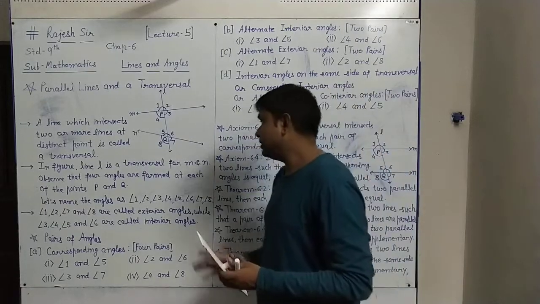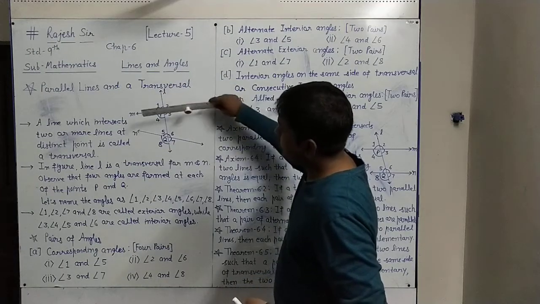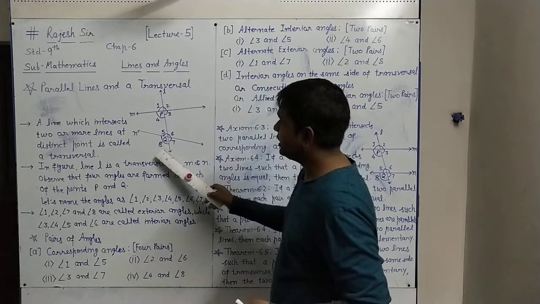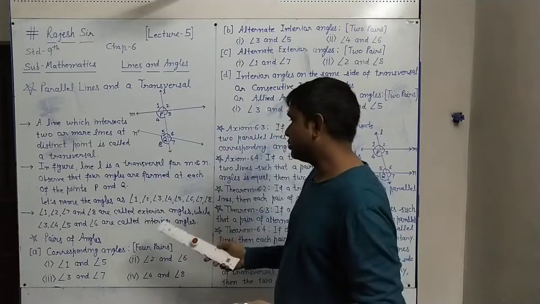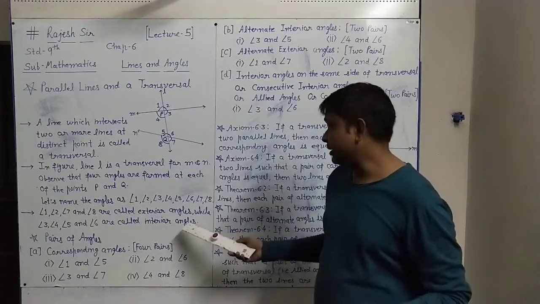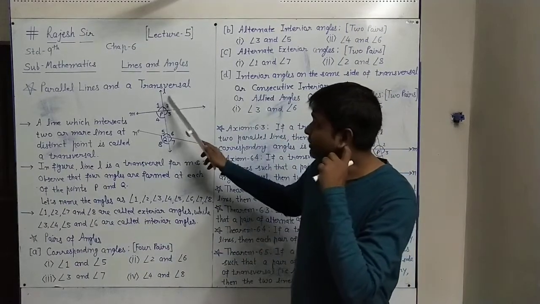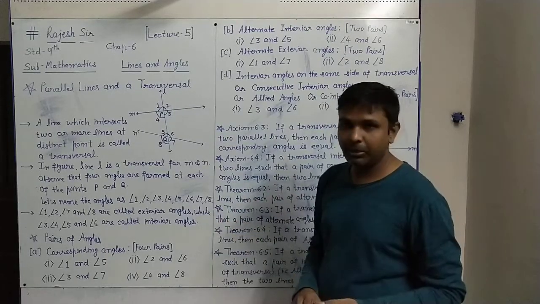Now, if you see here, angles 1 and 2 are on the upper side and 7, 8 are on the downside. They are outside-looking angles, so angles 1, 2, 7 and 8 are called exterior angles. Why are they so called? Because they are in the exterior part, the outside part.